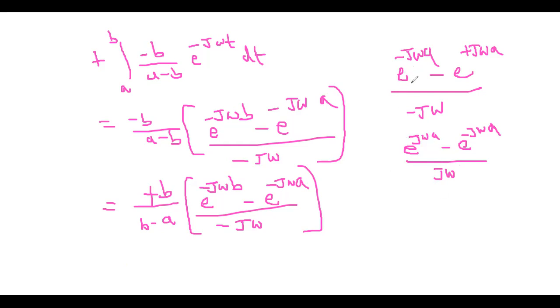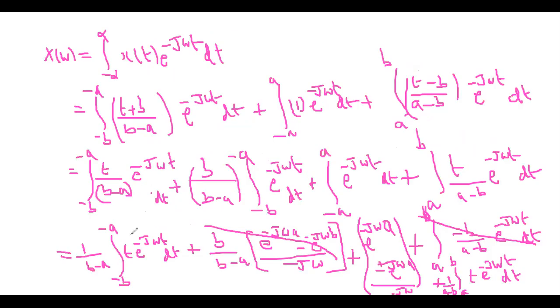Okay, my dear students, it is in the form of e power j omega a minus e power minus j omega a by j omega, taking the minus into minus. Then you can simplify these two terms, taking b minus a as common.